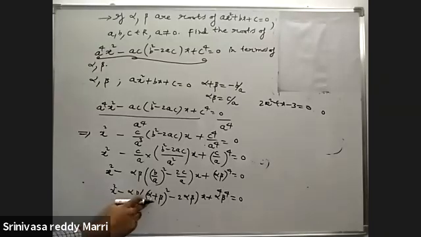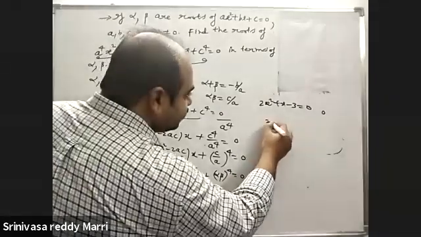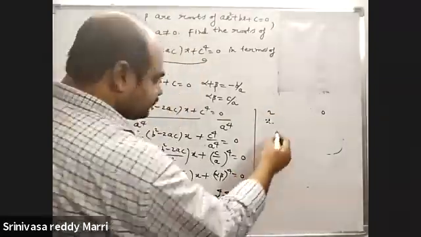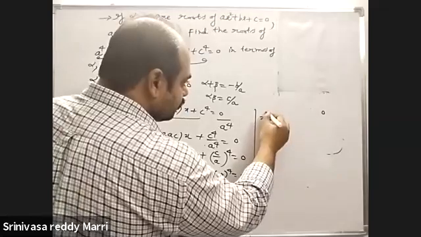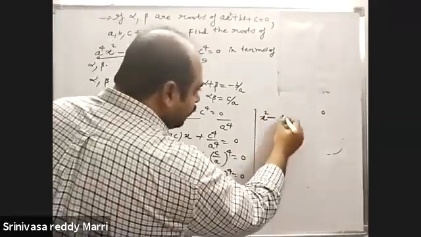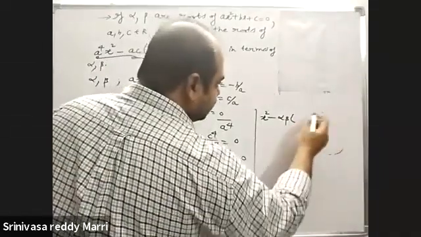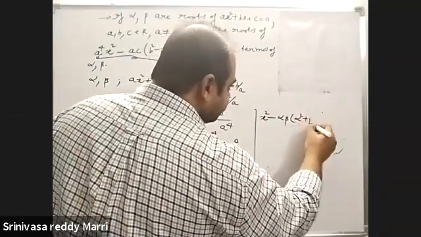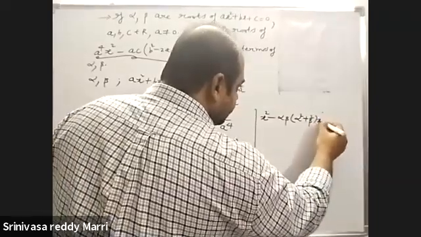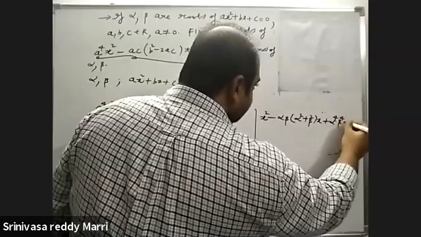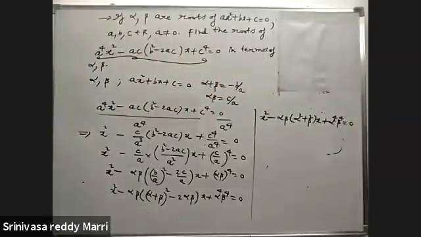Now look at this expression. Alpha square plus beta square plus 2 alpha beta minus 2 alpha beta. That means you will get x square minus alpha beta into, this 2 alpha beta will get cancelled. So therefore alpha square plus beta square into x plus alpha to the power 4 beta to the power 4 equal to 0.